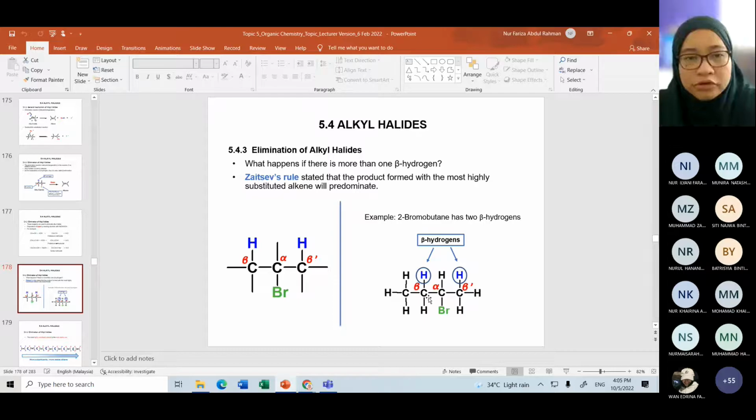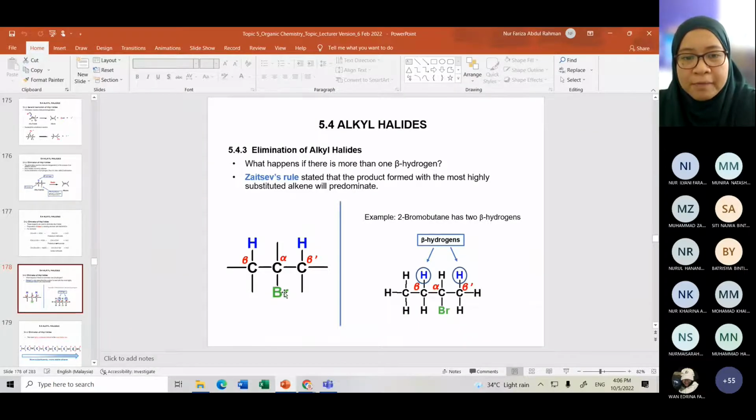You will also be introduced to the Zaitsev rule. The Zaitsev rule governs the formation of the product from elimination of alkyl halide. It applies when you have options of beta hydrogen. For example, we have the alpha carbon, which is attached to the halogen.